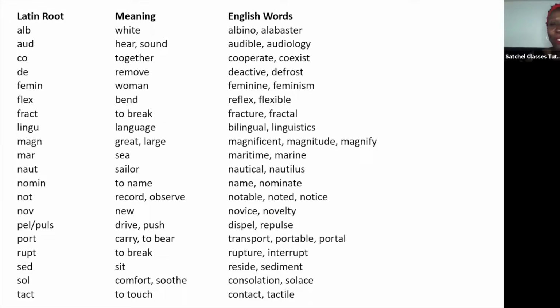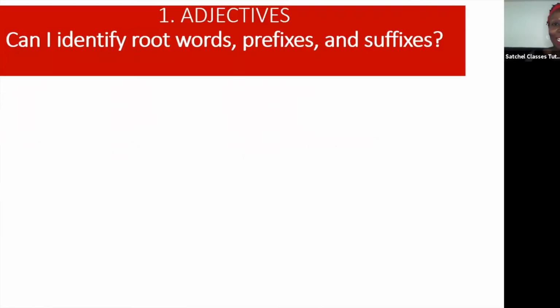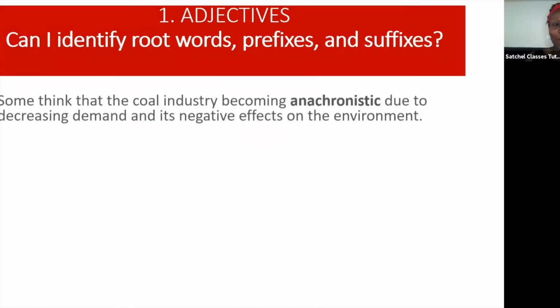So we can see some of these Greek roots, some of these Latin roots, understanding them and understanding the words that go before and after parts of the word, prefixes and suffixes, will help us to understand new vocabulary or unfamiliar words in context. Now let's have a look at some of these adjectives.